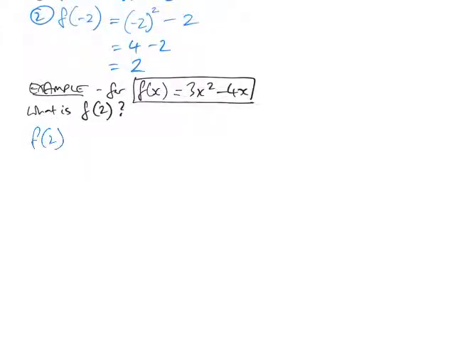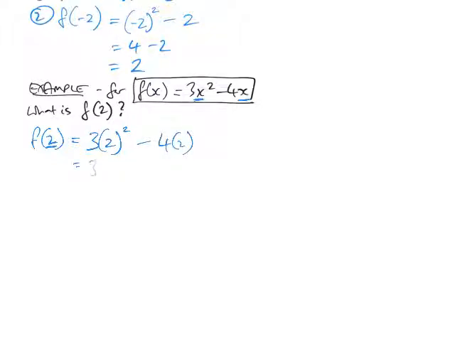F of 2 is going to be that function being applied to the input of 2. So I'm just going to replace these x's with 2's instead, because that's what it's asking for, f of 2. So 3 times 2 squared, take 4 times 2.